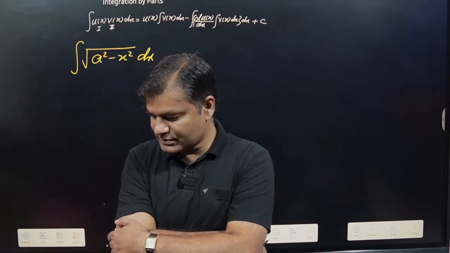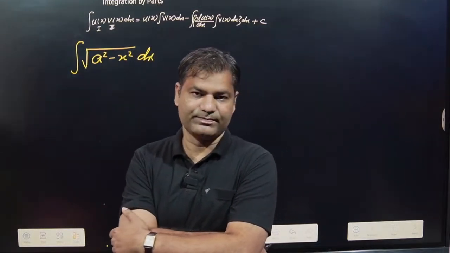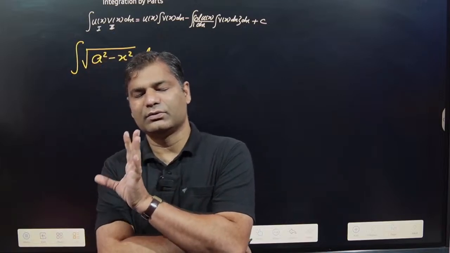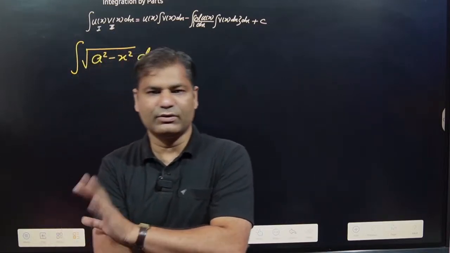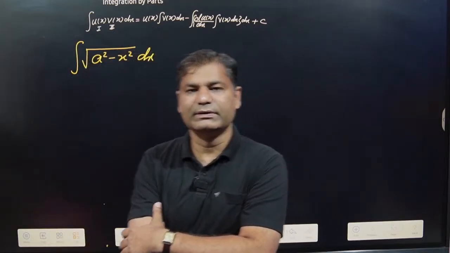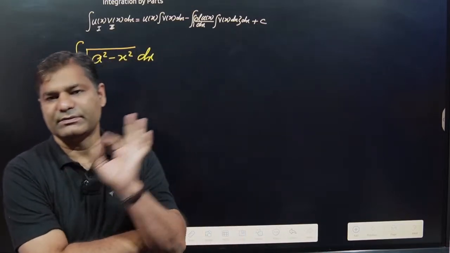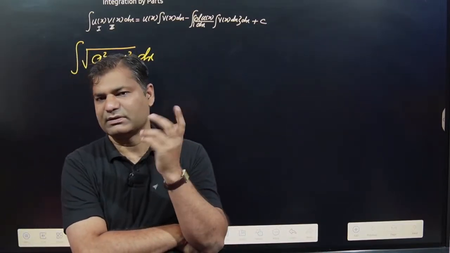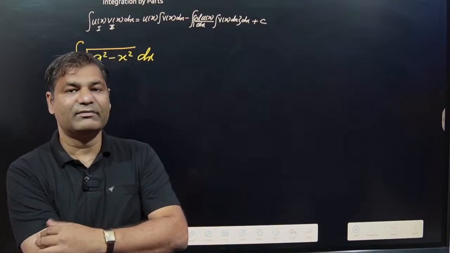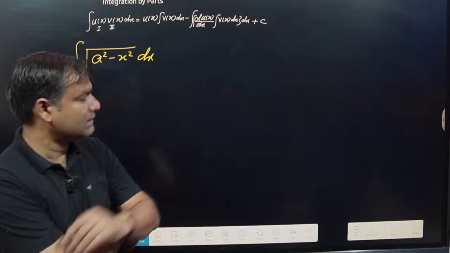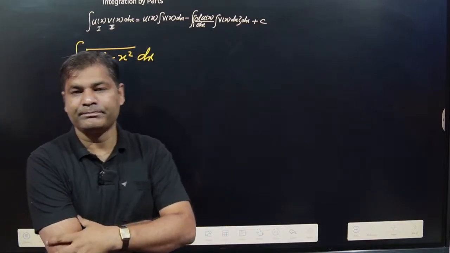Which one to take as first function and which one as second function? First of all, what is the integration of under root a square minus x square? I don't know. Very clear. If you ask what the formula of this one is, I don't know, but I will develop it here, with the help of this formula.